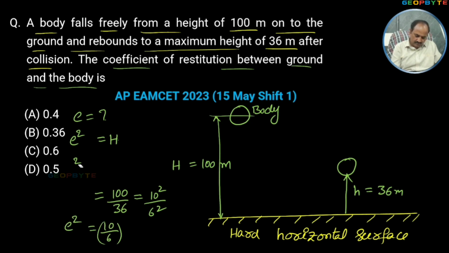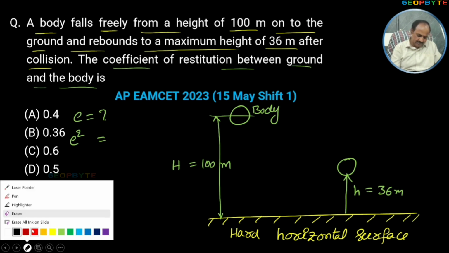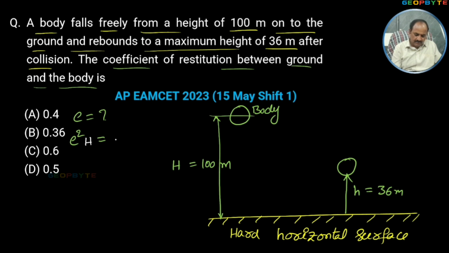e square into capital H equals small h. That is correct. Then e square equal to small h by capital H. Small h is 36 divided by 100, which can be written as 6 square by 10 square.